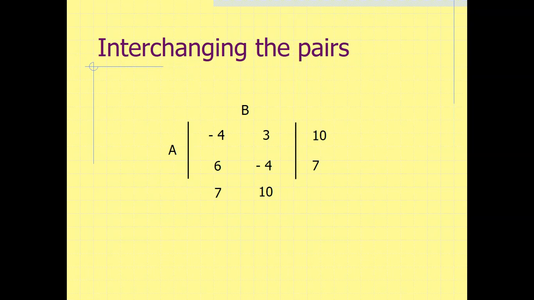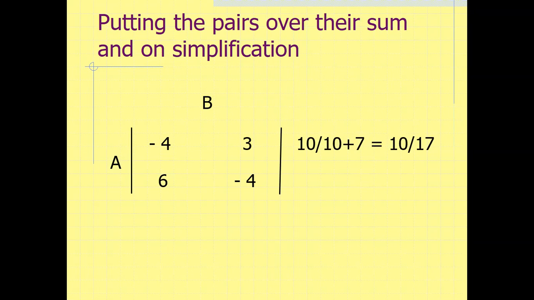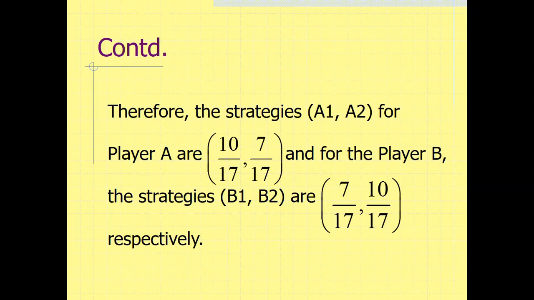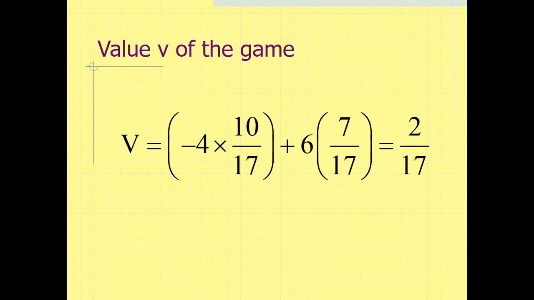Interchanging the pairs, and now putting the pairs over their sum, and on simplification, we get these values. Therefore, the strategies A1, A2 for player A are 10 by 17 and 7 by 17, and for player B, the strategies B1, B2 are these, and accordingly the value of the game comes out to be 2 by 17.